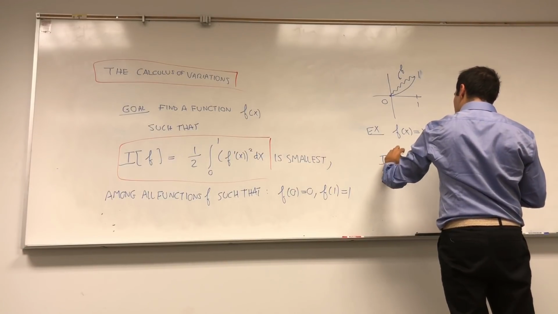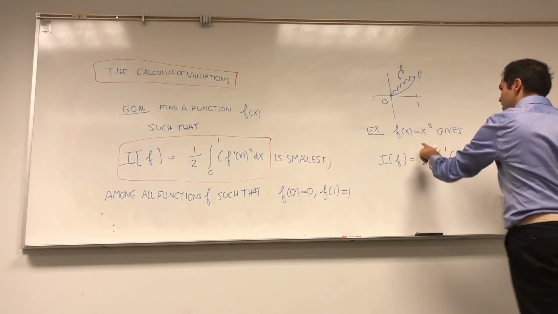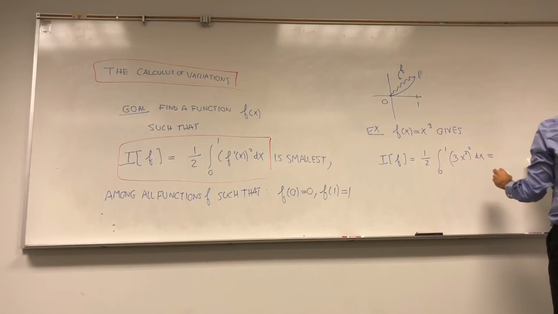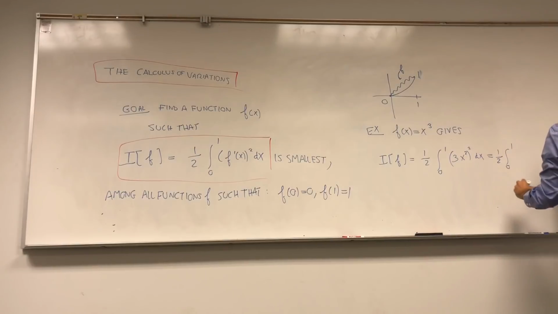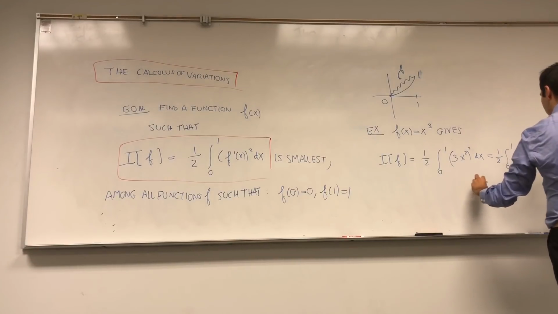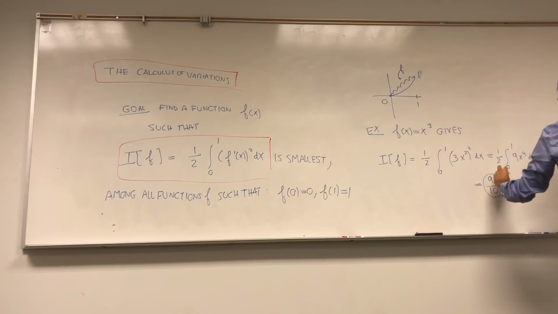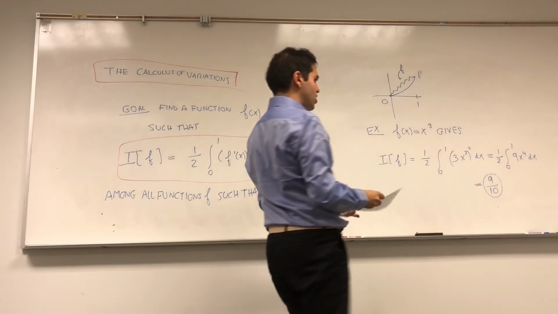I of f is 1/2 integral from 0 to 1, derivative squared, so 3x squared dx, which is 1/2 integral from 0 to 1 of 9x to the 4th dx, which is 9/2 over 5, so 9/10. Antiderivative is 9x to the 5th over 5. So the energy of this function is 9/10.